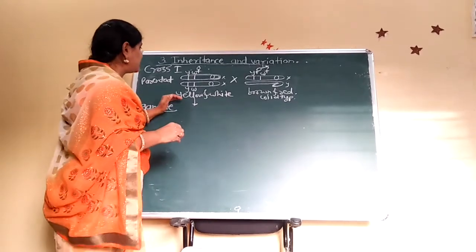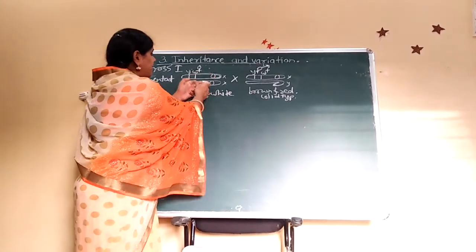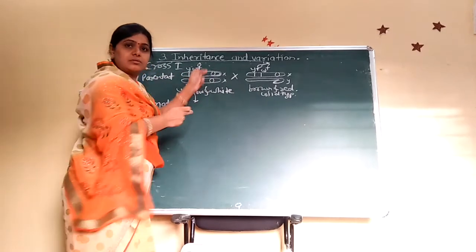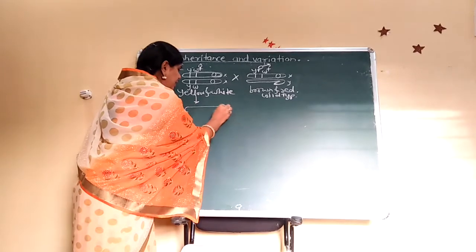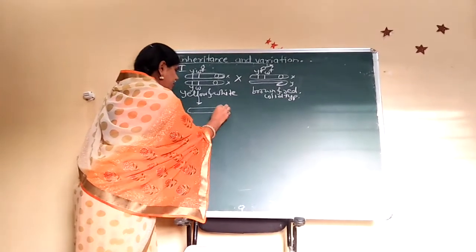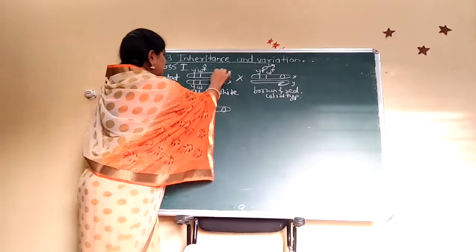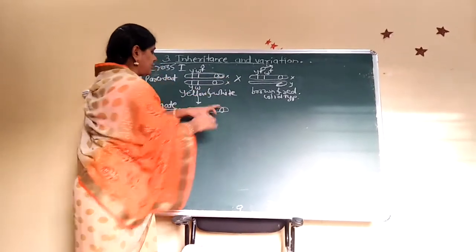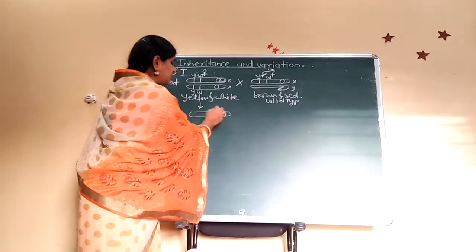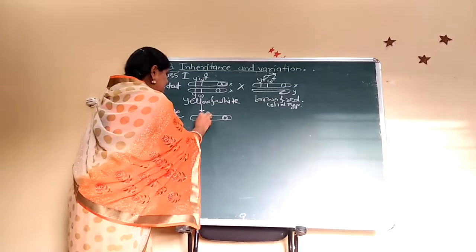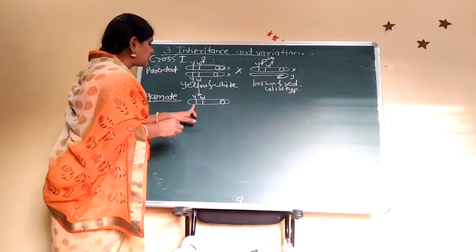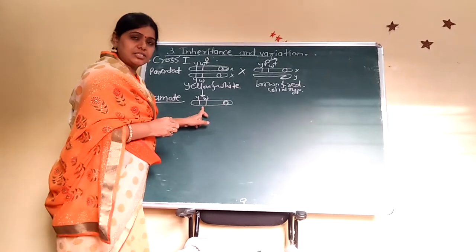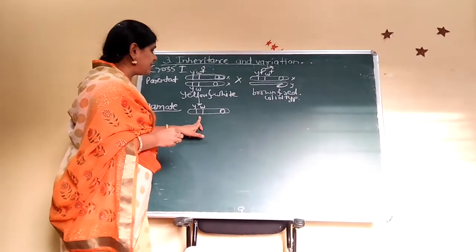When the gamete is formed, the same types of chromosomes give one type of gamete. The circular structure is the centromere. These are the genes Y and W, which are closely related, हे जवळ जवळ gene आहे, so this is a closely related gene.